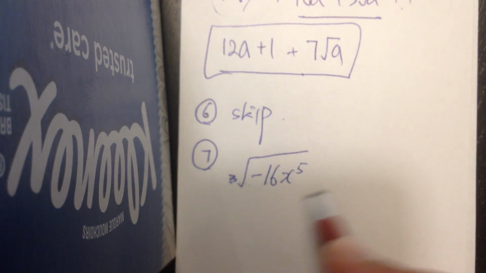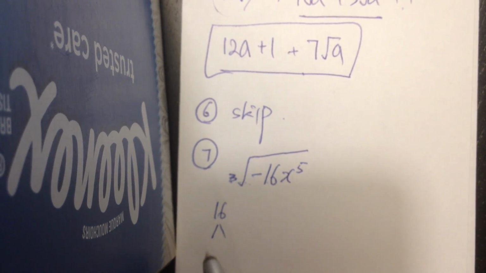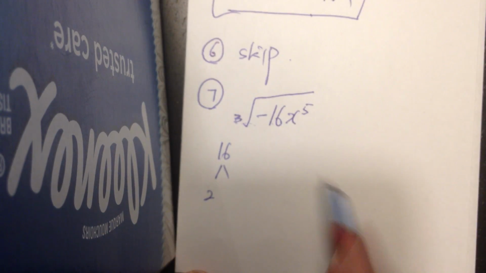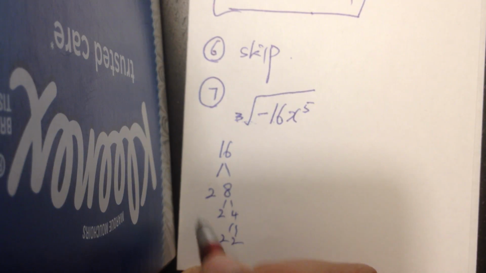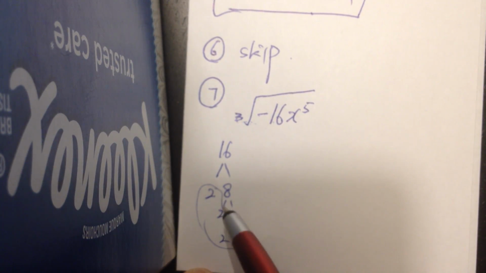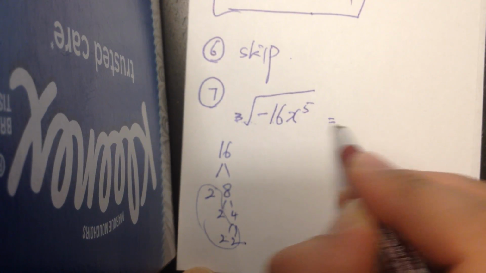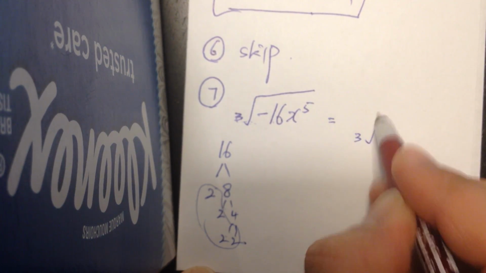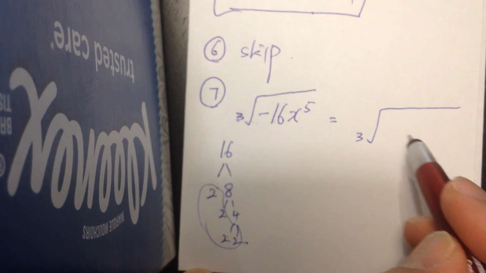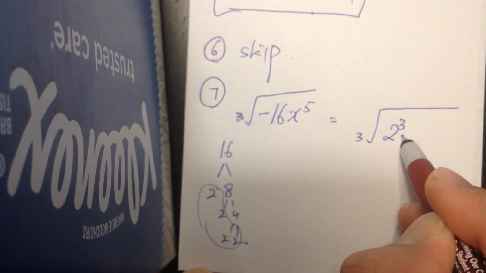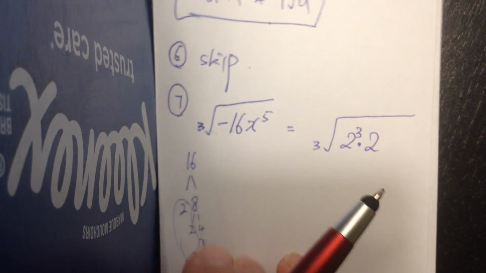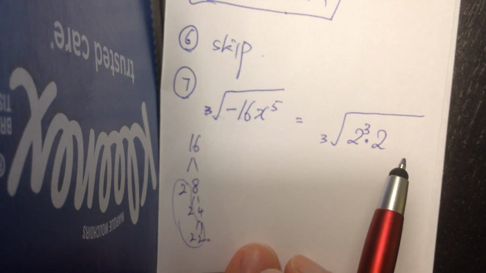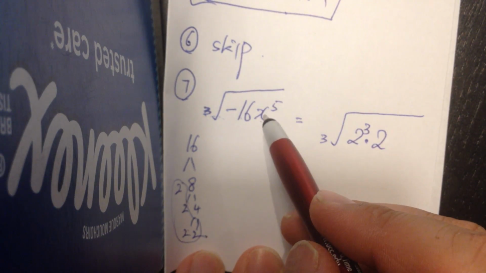So for instance 16, you know 16 when you break it up, 2, 2, 4, 2, 2. So now here you have 2, 2, 2, 2. However, now that you're making a group of 3, you're going to say 2 to the third power and 2. Same thing for the x to the 5th power.